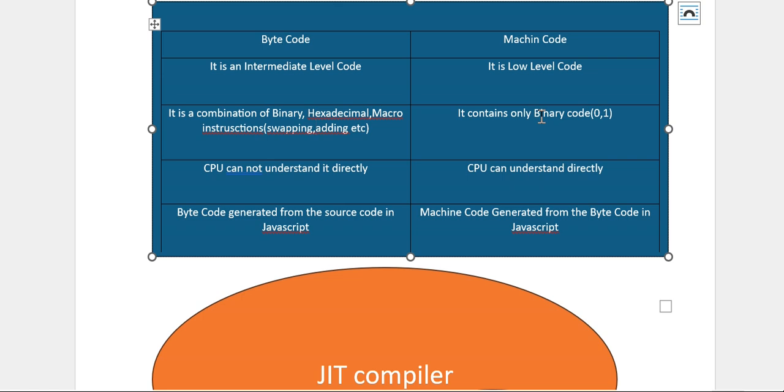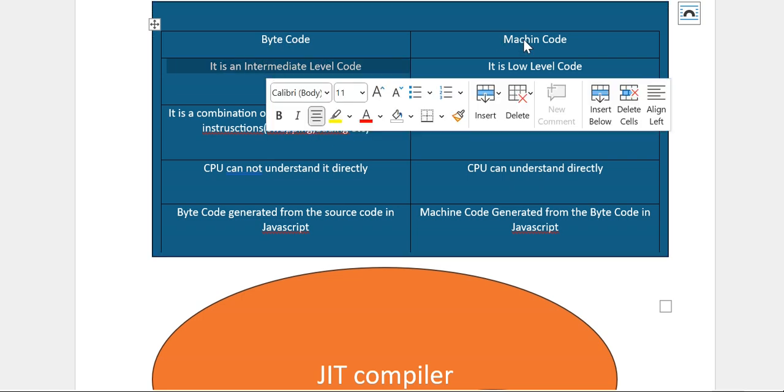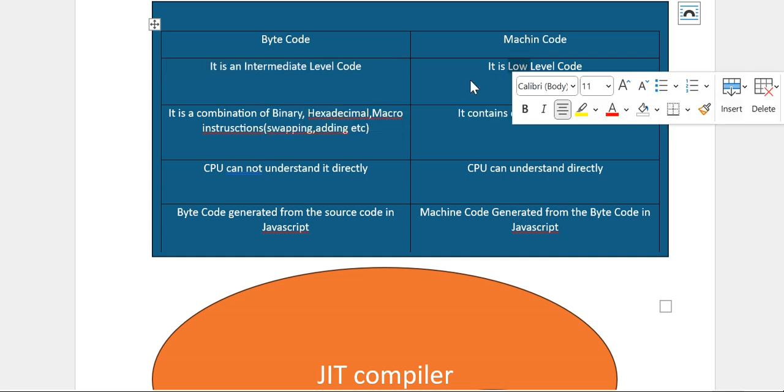If you are not aware of binary code and hexadecimal, we will discuss that next. So what is bytecode? Bytecode is intermediate level code, and machine code is low level code.